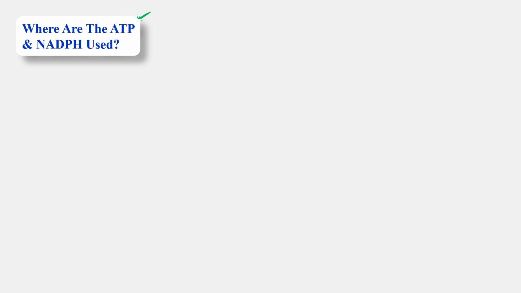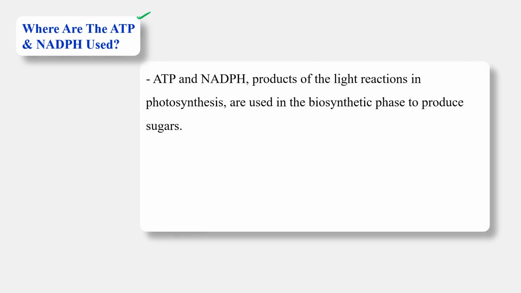This ATP and NADPH is produced during photosynthesis in the light reaction, and these are used in the biosynthetic phase to produce sugar.